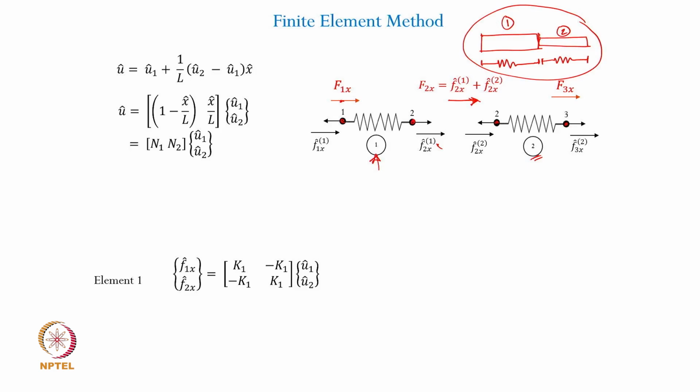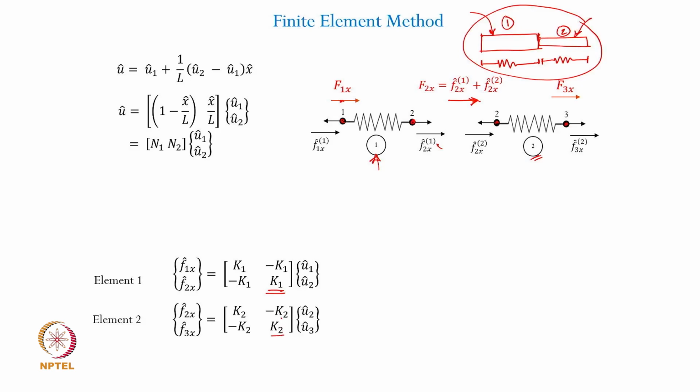If we do that, we already have defined the relationship between the nodal degrees of freedom, nodal displacements and nodal forces for element 1 and element 2 individually, defined like this. Make a note here that in the element stiffness matrix of element 1, these K will pertain to the characteristic of this particular element, which means that the cross sectional areas could be different, the length could be different, and therefore the stiffness which defines that element will be different than the corresponding stiffness value for the second element.